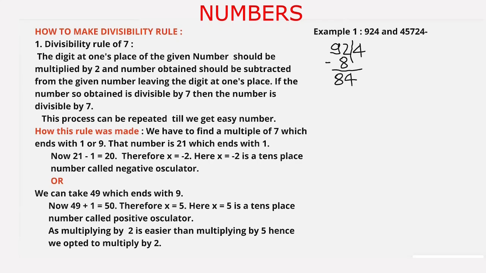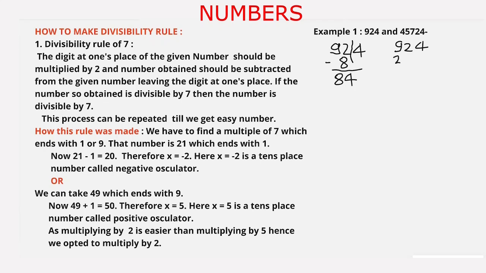As we know that 84 is divisible by 7 because 12 times 7 is 84, the number 924 is divisible by 7. Again, the multiplication by 5. 924, the ones place we multiply by 5, that comes out to be 20.